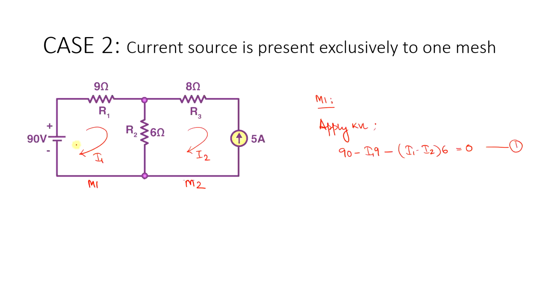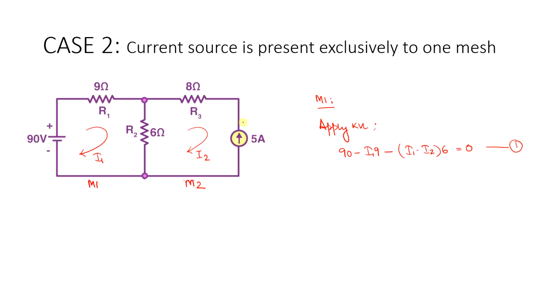When you look at the second mesh, you have a current source exclusively for that mesh. That means it is not a current source which is being shared between the meshes, it is exclusively for mesh 2.